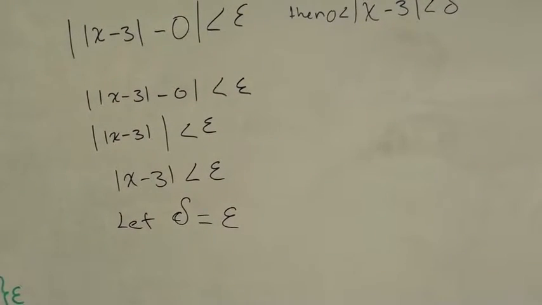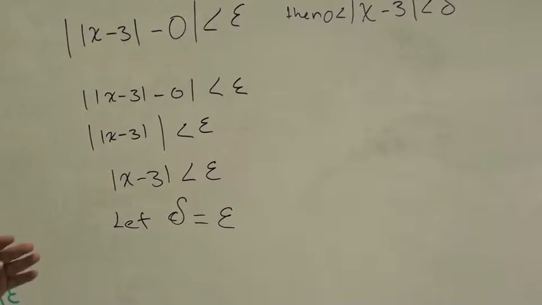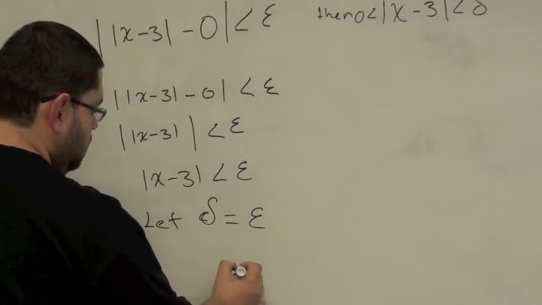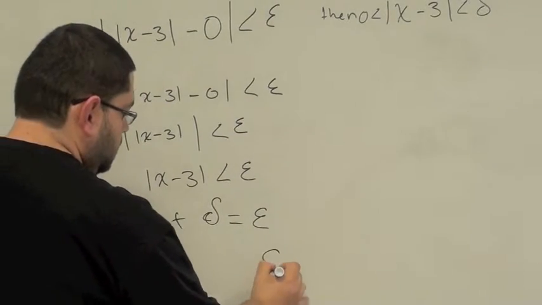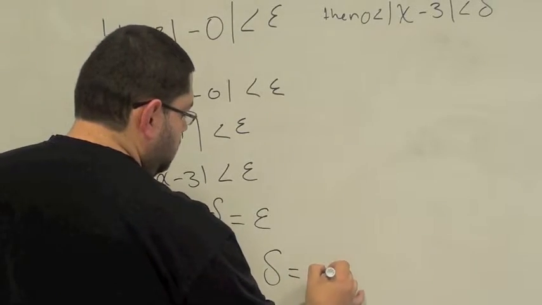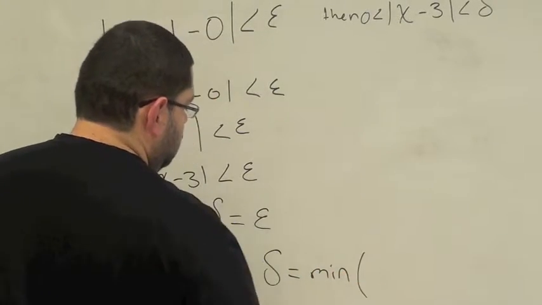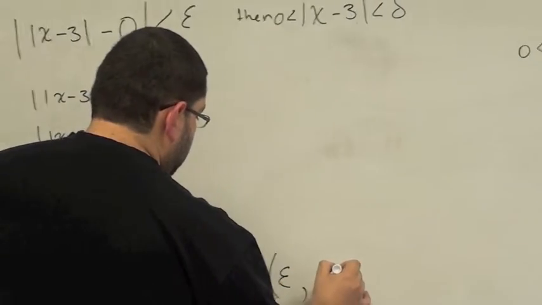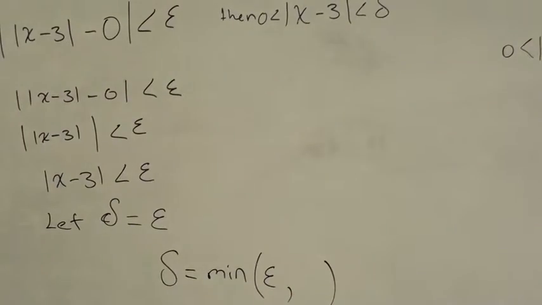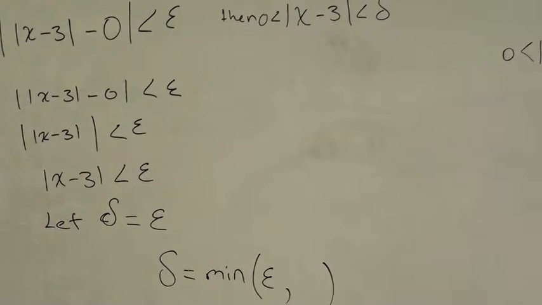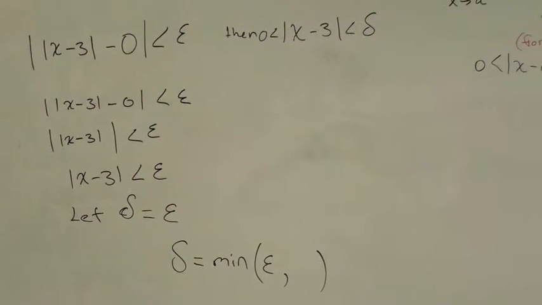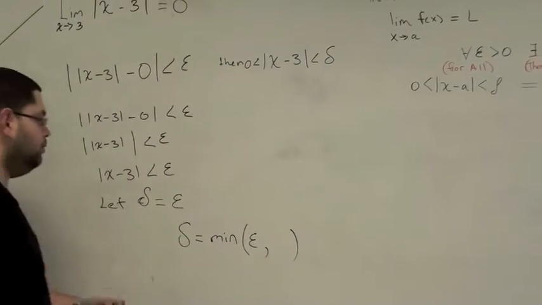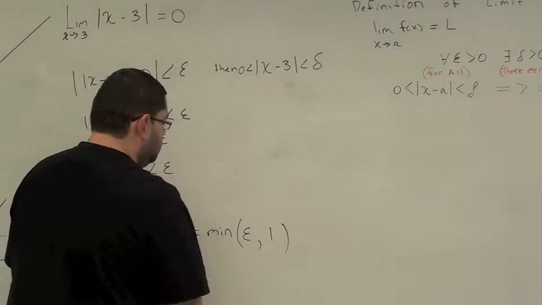Now, in order for all this to be true, we need to prove that my delta is actually a minimum value between epsilon and a value here. We want delta to be smaller, so we don't want it to be greater than 1, so we can put the 1 here.